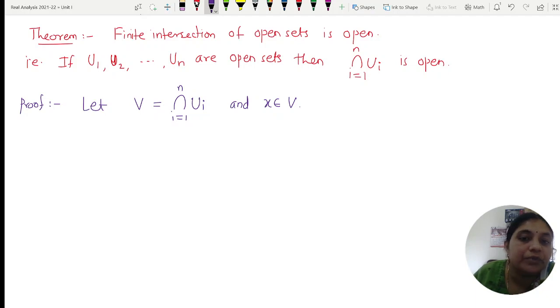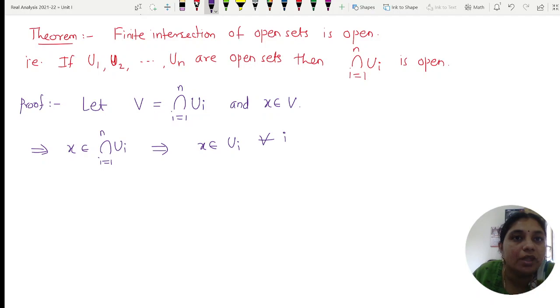Now x belongs to V means what? x belongs to the intersection over i equal to 1 to n of Ui, which implies x belongs to Ui for every i.